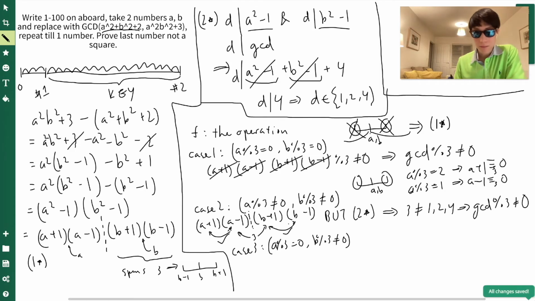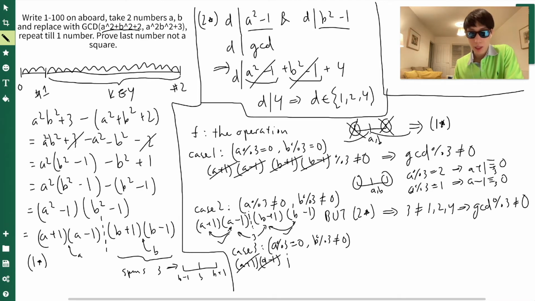The last case here is only one of them is a multiple of 3, or this one is the multiple of 3. So in this case, if we look at our a plus 1 and a minus 1, we know that neither of these can be multiples of 3, but at least one of b plus 1 or b minus 1 is a multiple of 3.